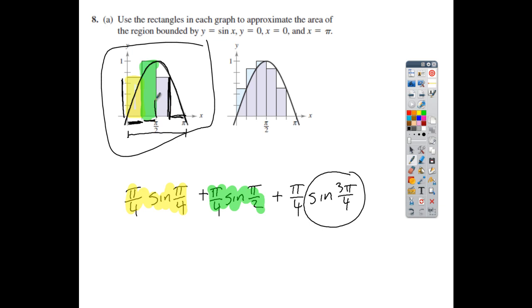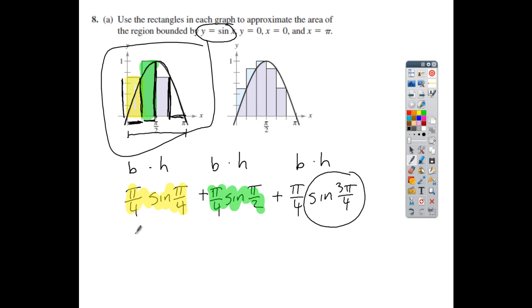The height of this rectangle is the height of the function, y equals sine of x, at pi over 2. And the height of this rectangle is sine of pi over 4. So this is going to be my base times height, base times height, and base times height. Okay?